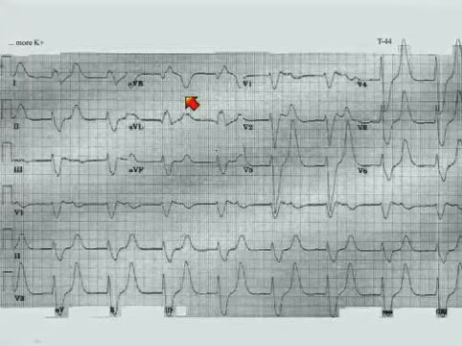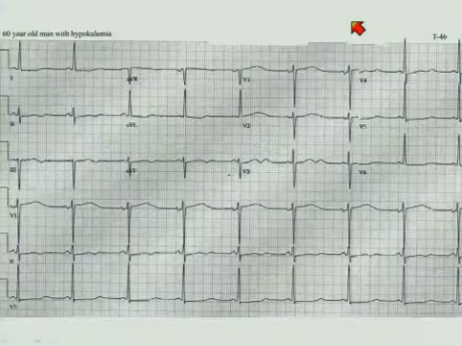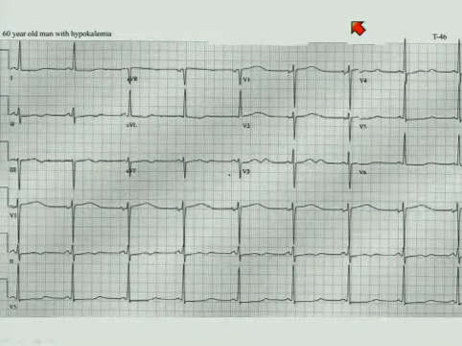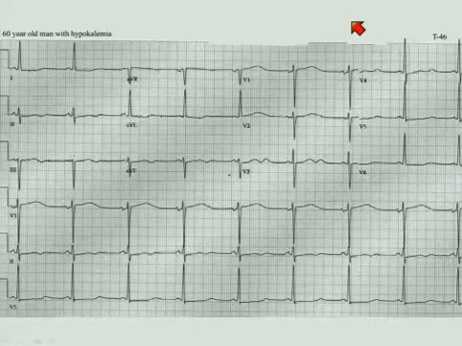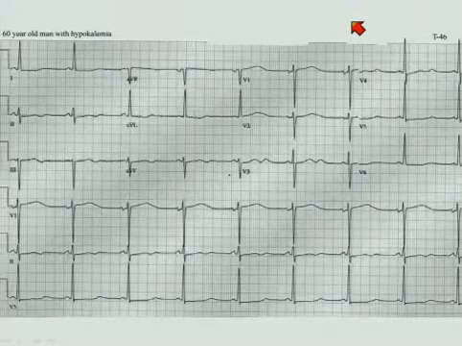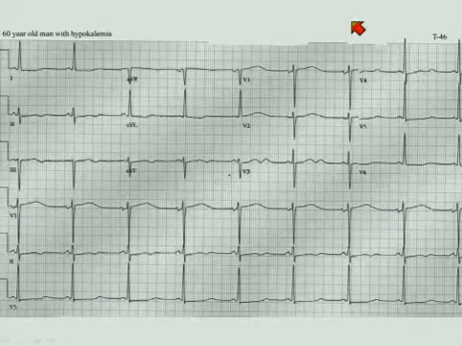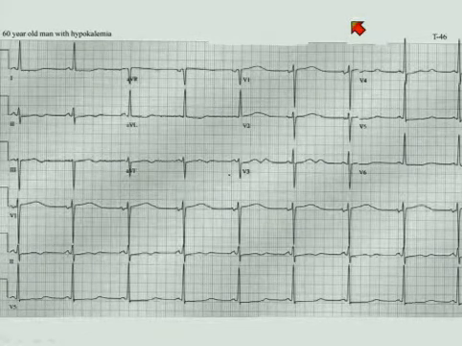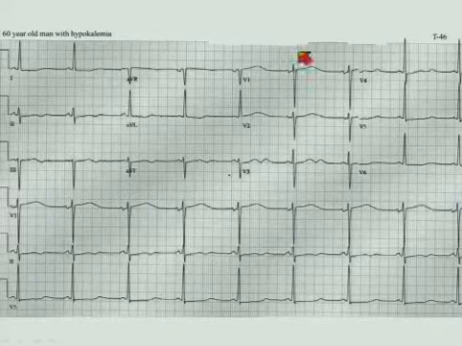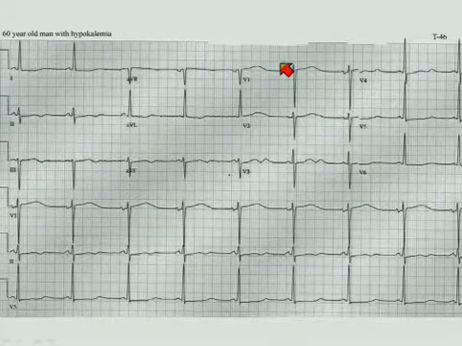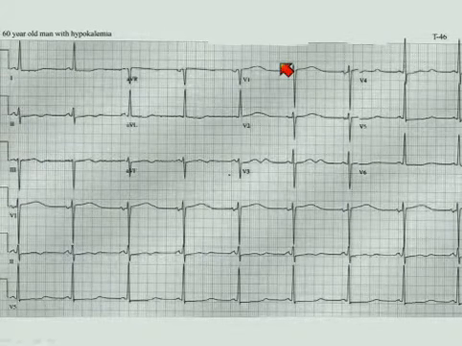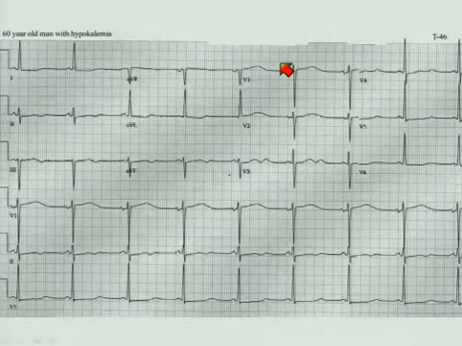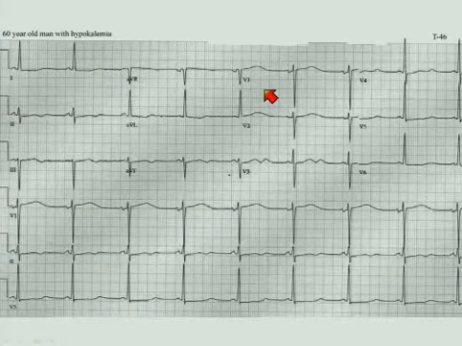So that's hyperkalemia. This is one that I bet you don't recognize as often, because I don't recognize it as often as I should either, but we should look carefully for it because this is hypokalemia. And it's more common than you would think, and it's an important finding. Hypokalemia is characterized by decreased amplitude of the T wave and prominence of the U wave.